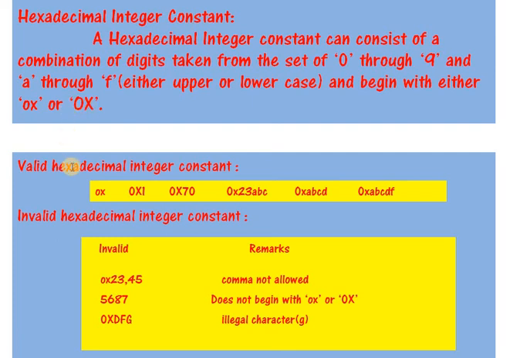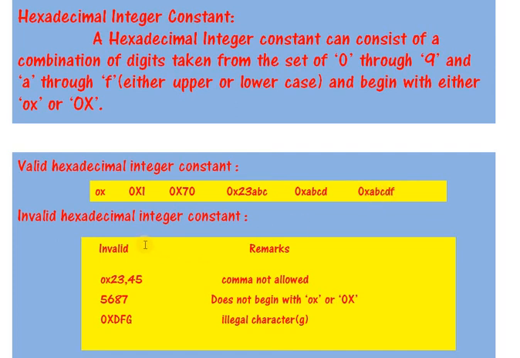There are some valid hexadecimal integer constants: 0x, 0X1, 0X70, 0X23, 0XABC, 0XABCD, 0XABCDF.